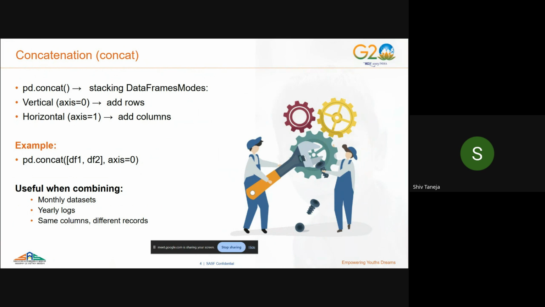If we give the vertical axis, axis equals 0, in the argument, it will add rows. And if we give horizontal, which means axis equals 1, it will combine the data sets by column. As you can see in the example, we have pd.concat, df1, df2, as we are working on two data sets, and axis equals 0.